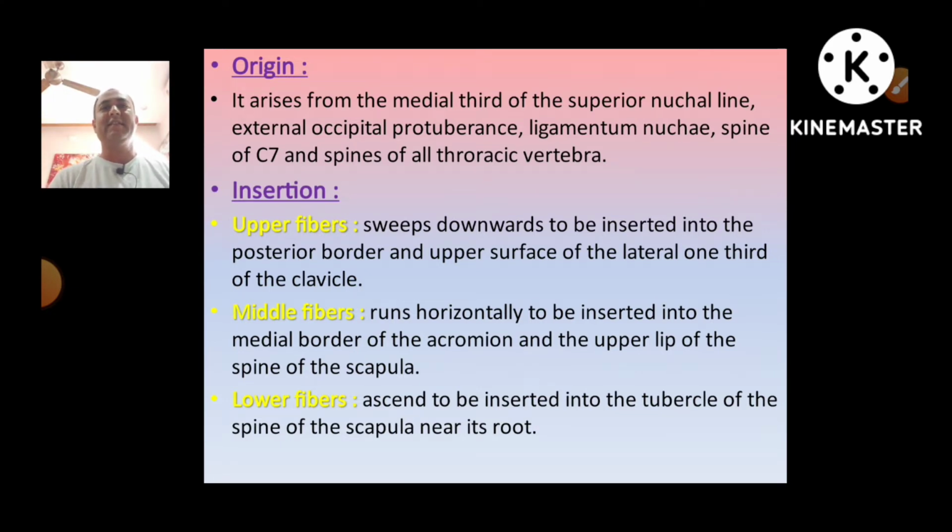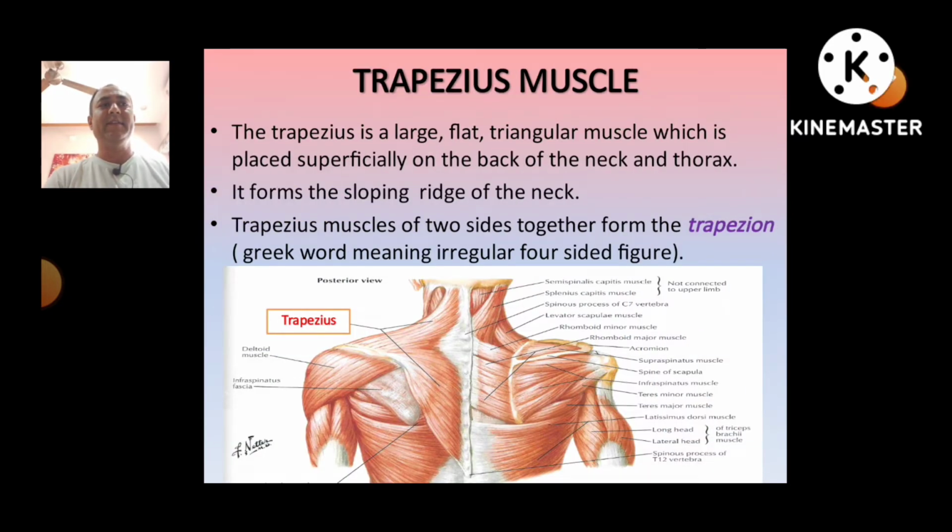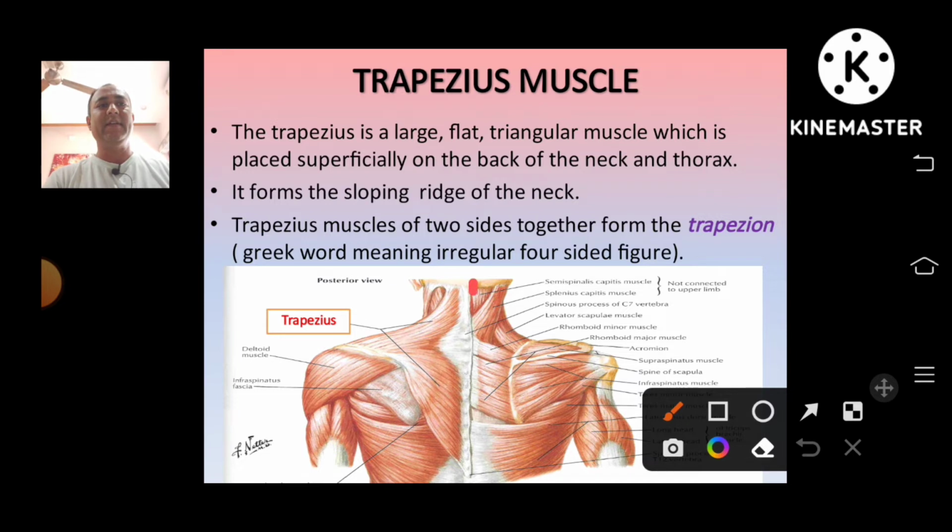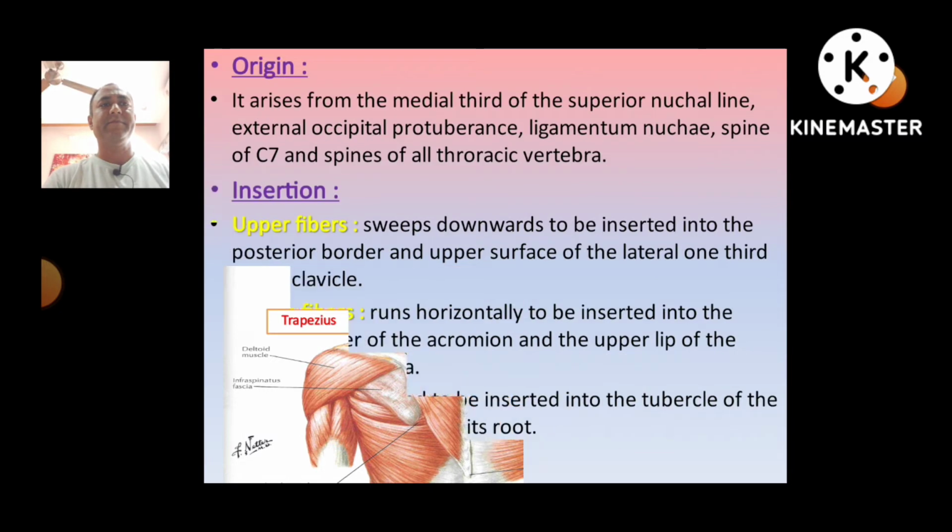The next structures from where it originates are the ligamentum nuchae, spine of C7 and spine of all the thoracic vertebrae. Here you can see from the picture, it originates from here to here. So it is a very long muscle. This is the line of origin of the trapezius.